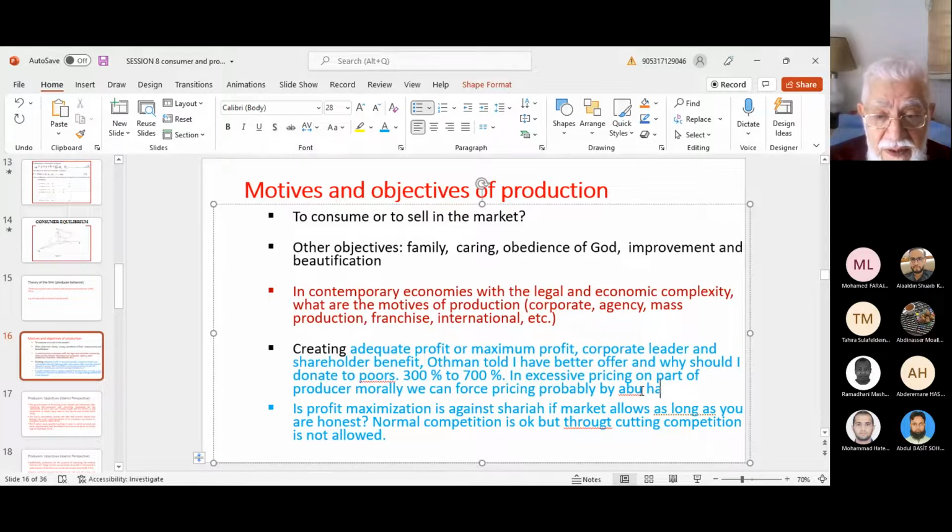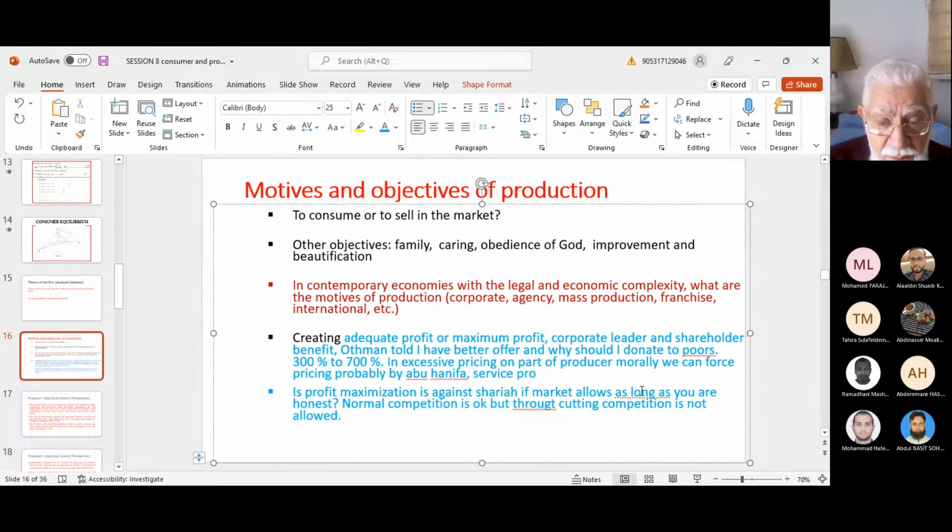And he even mentioned a case of service producers monopoly, that if the producers of a service of certain kind agree together and raise their prices, then you price on them, you force them to sell at a lower price. And of course, can you force them to sell at a price below cost?